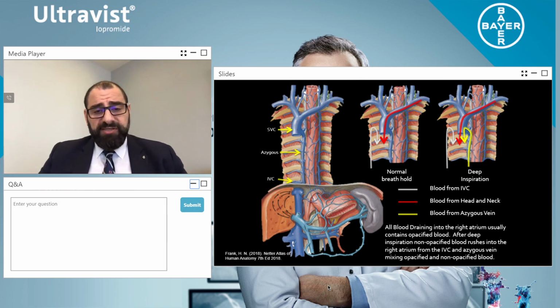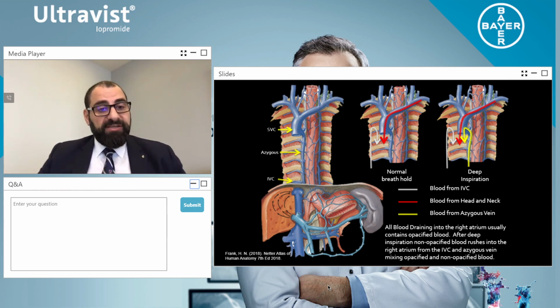You can actually see on the image to your left, the superior vena cava, and then right next to it, you have the azygos vein, which comes from the abdomen and also drains deoxygenated blood from the thoracic cage. So if you think to yourself, okay, we're going to breathe in and hold our breath, the azygos vein actually dilates.